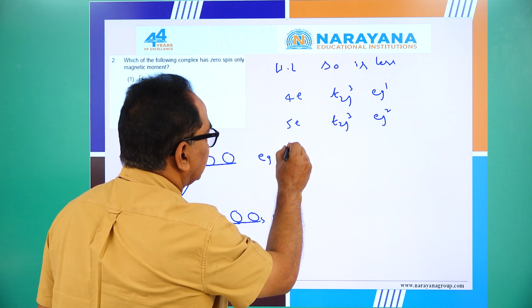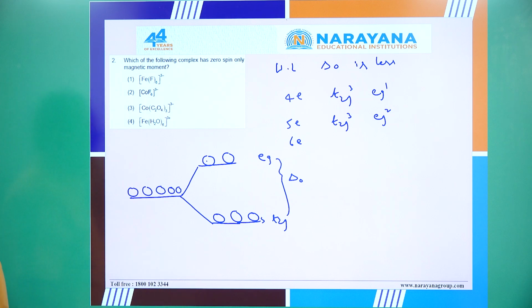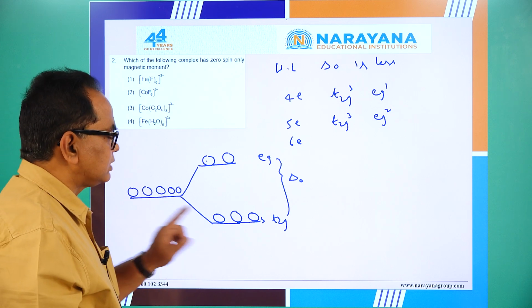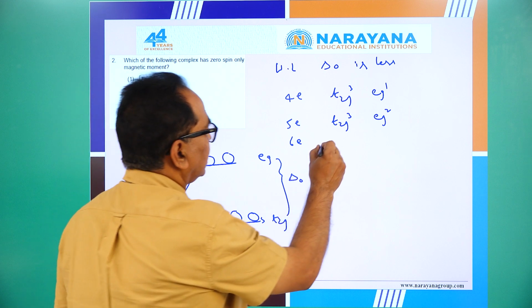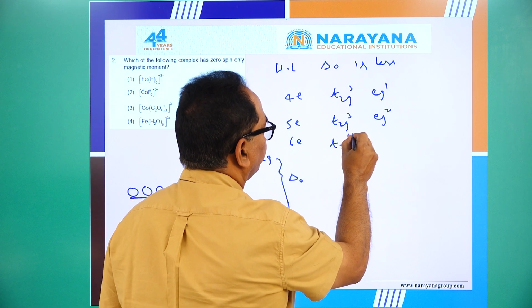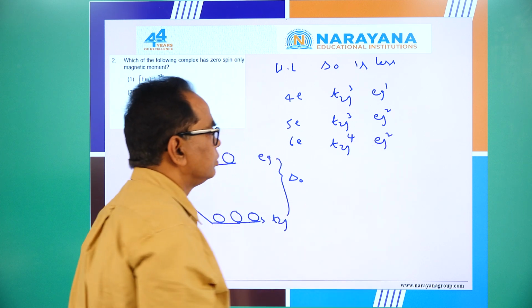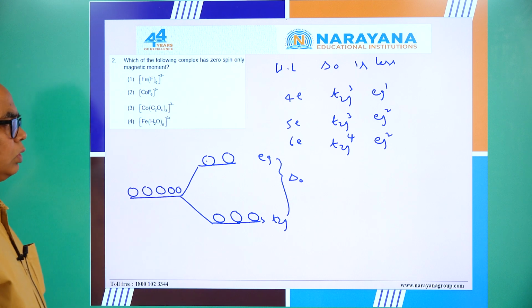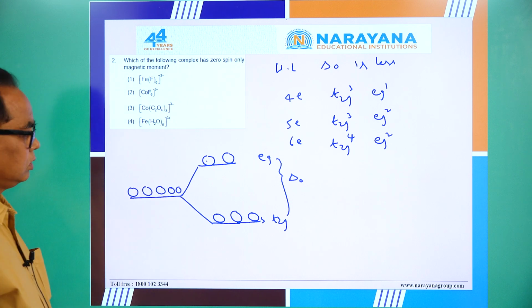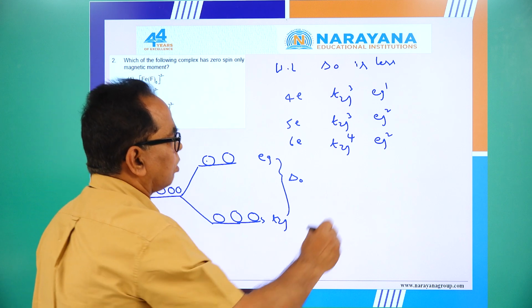When you come to the sixth electron, it will be paired up with the first electron, giving t2g4 eg2. So if the total number of electrons is 6, there is a chance of 4 unpaired electrons when ligands are weak.